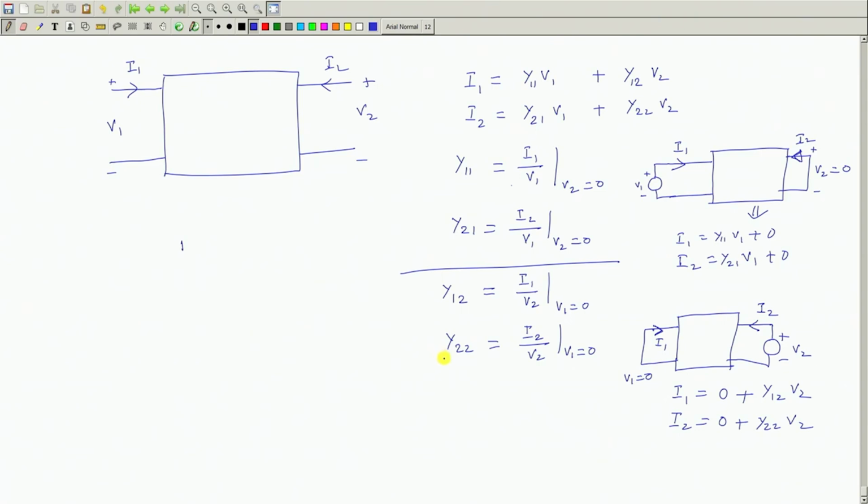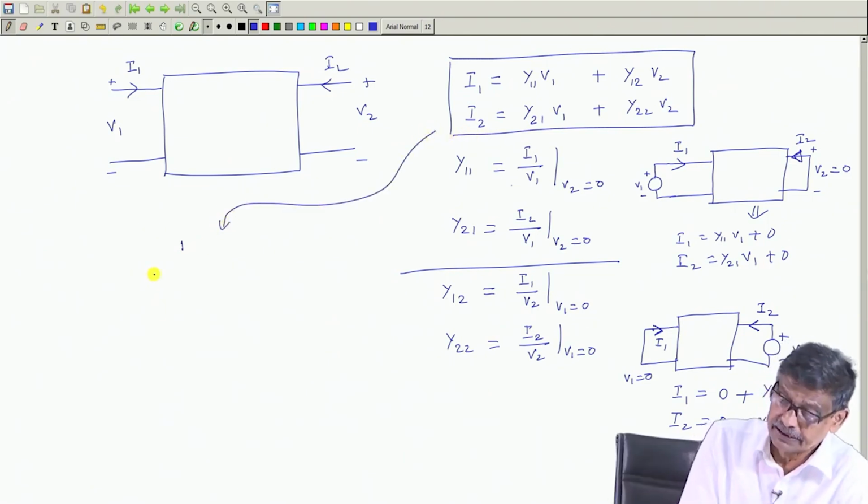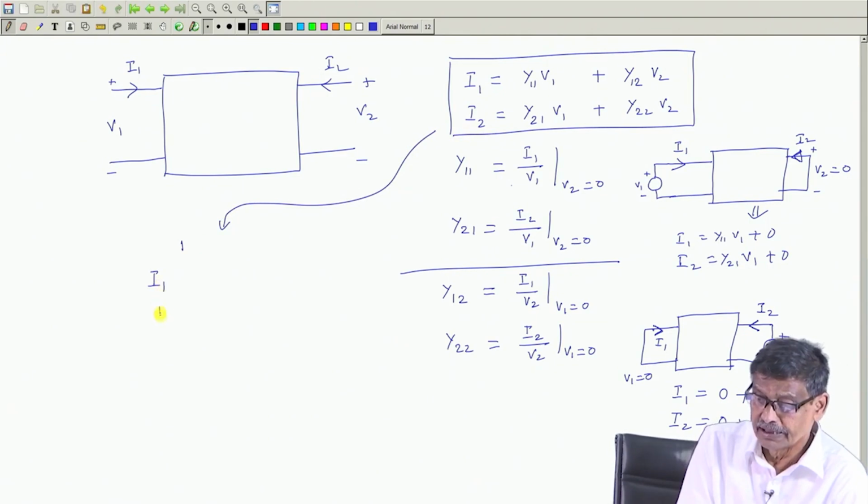Y 2 2 will be this current I 2 divided by this voltage, and therefore all four admittance parameters can be found out. Is that clear?